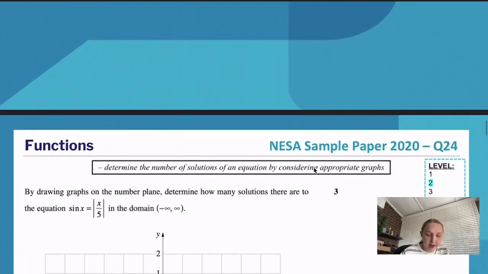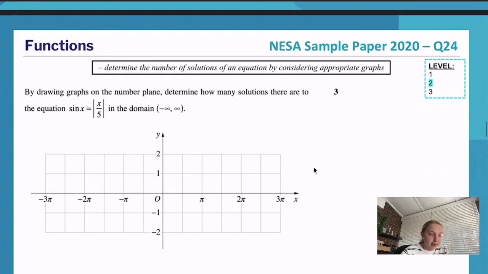So we'll just start, I guess. So this question is from the sample paper that NESA put out in 2020 when they redid the syllabus. So when we're looking at determine the number of solutions of an equation by considering appropriate graphs. Okay, so by drawing the graphs on the number plane, determine how many solutions there are to the equation sine x equals the absolute value of x on 5.